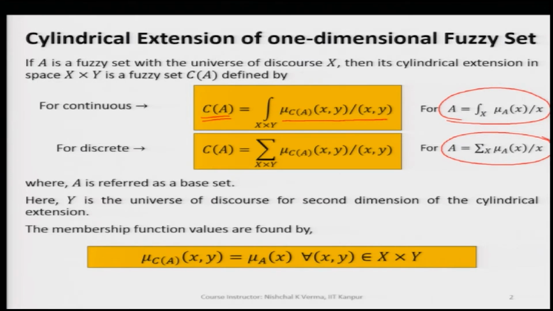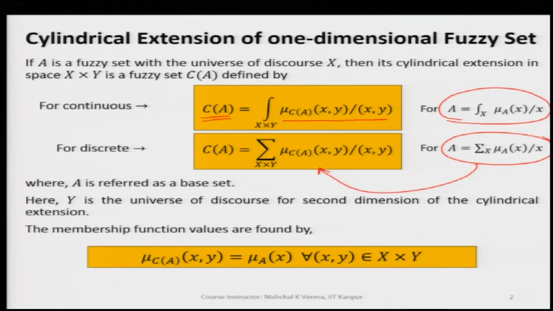And when A is a discrete fuzzy set for which we are taking the cylindrical extension, we get C of A equal to the summation over X cross Y of mu C of A of x comma y over x comma y.